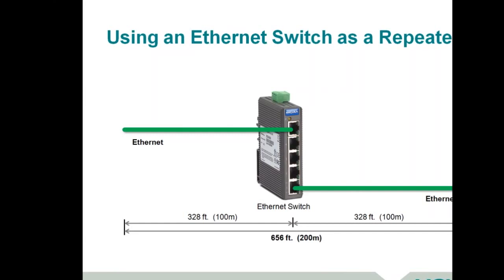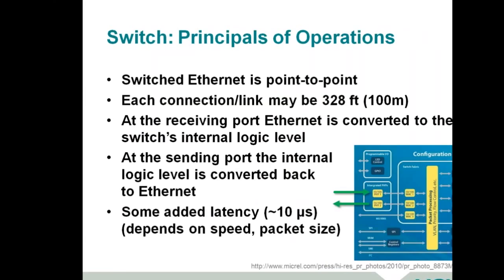Now, how does that work? Well, it plays upon the basic operation of a switch. Remember, the switch accepts the signals from the attached devices and runs those through the magnetic isolation that's built into an Ethernet PHY, sharpens up all the signals and squares them up, and basically works as a repeater. So that switch is able to repeat the signal, and what comes out of the switch is all cleaned up and ready to go another 328 feet.